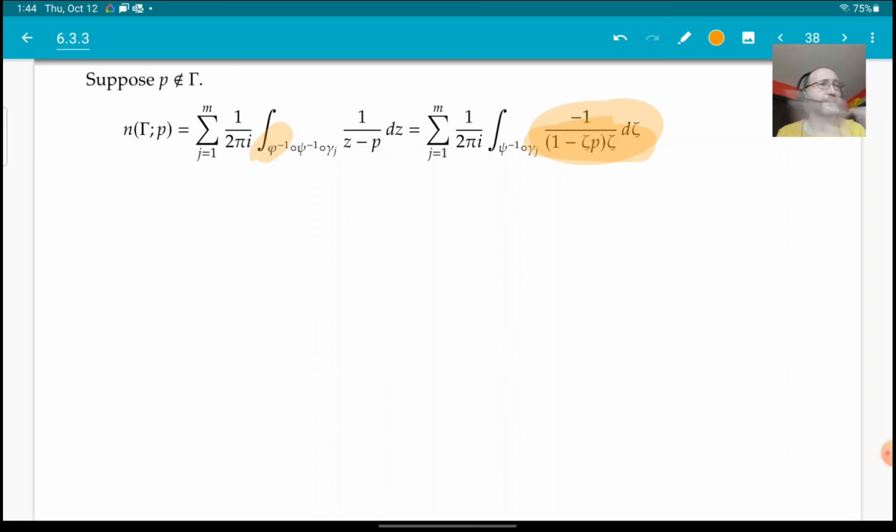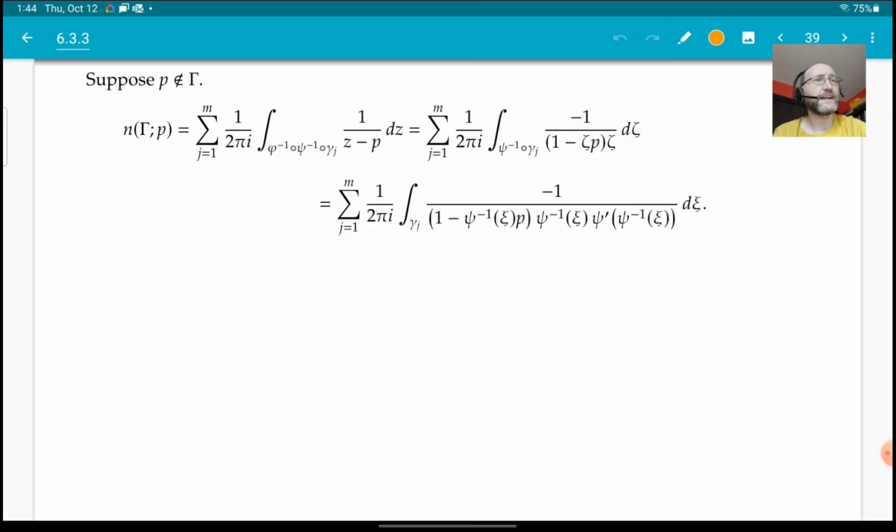So now I'm in the middle step, and I undo that change again. Again, I'll let you work it out. That's what it is. It's a little bit more complicated. I get this guy in here, which comes from the D, and then this zeta, and there's 1 minus zeta p.